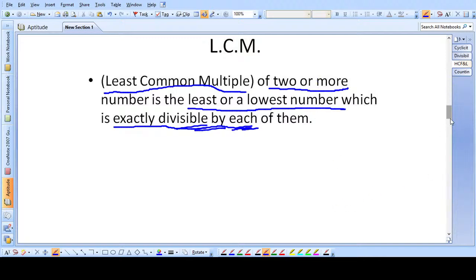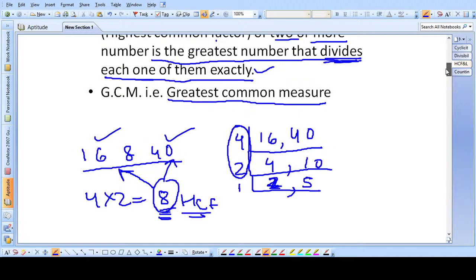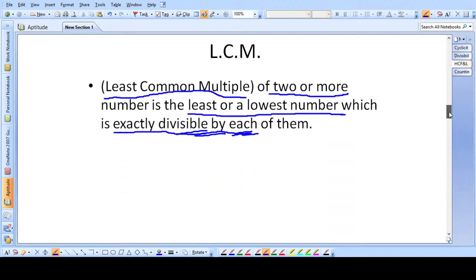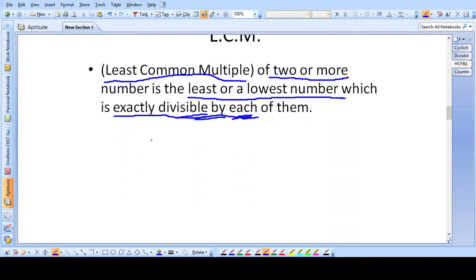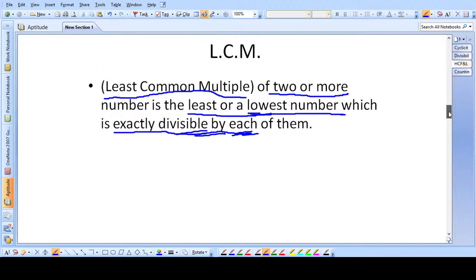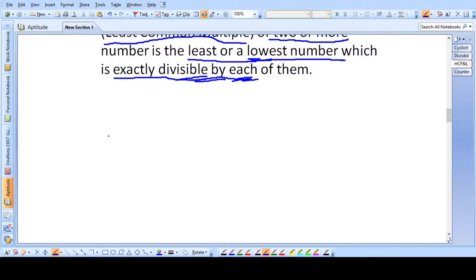What was in the HCF? That this number can divide both the numbers. Whereas here, both the numbers will be able to divide that particular number, and that will be the lowest number in the whole series. Okay.